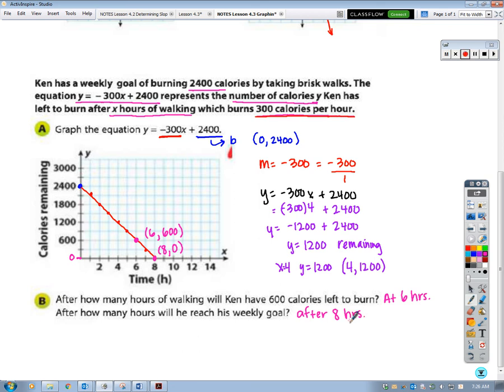After 8 hours, so he can now plan his week and say, okay, well, I can walk 2 hours a day, 4 days a week. That's a lot, but that gives him the ability to plan his life now. So this is a real world situation here.